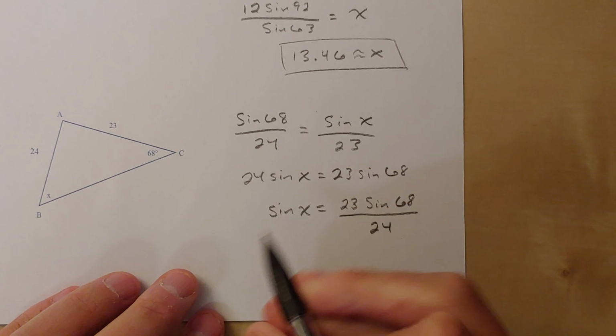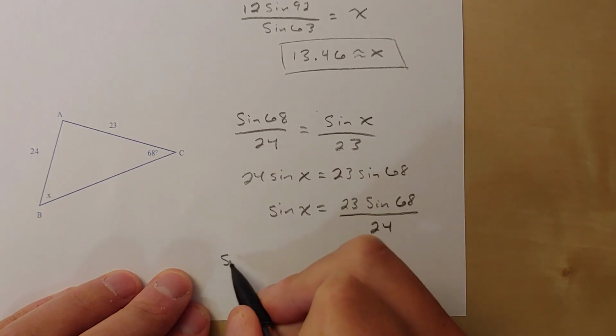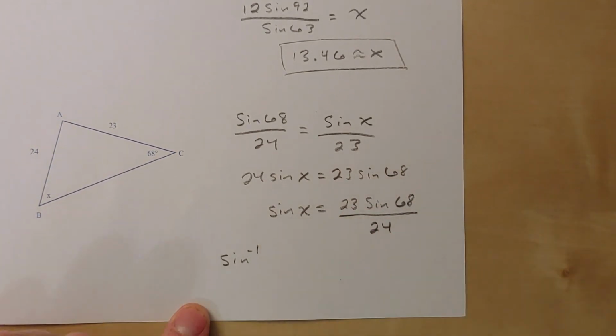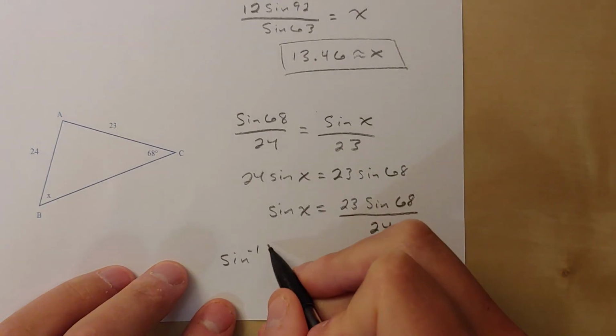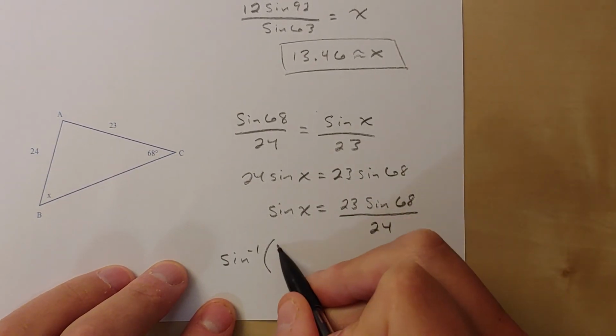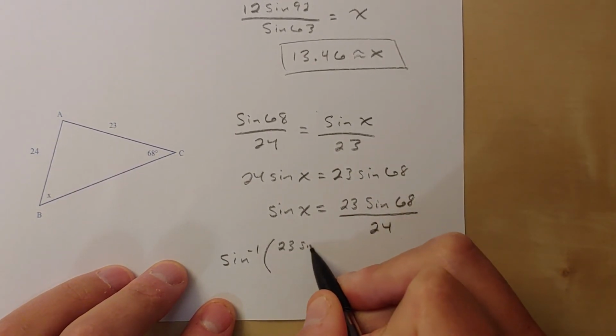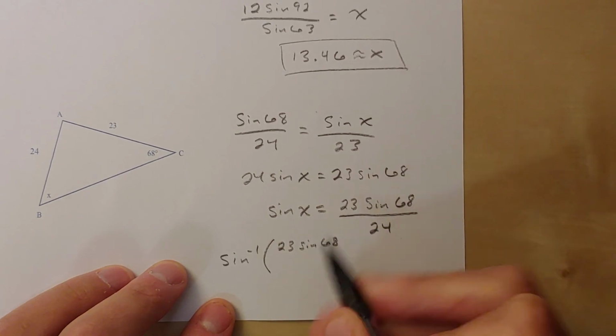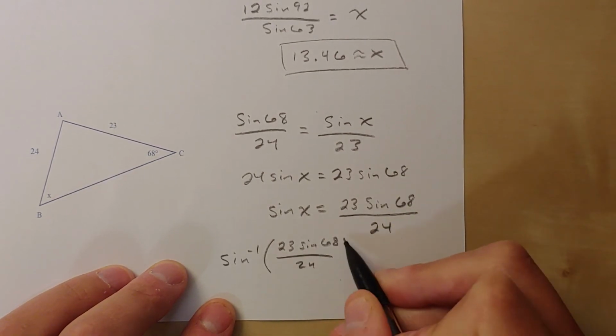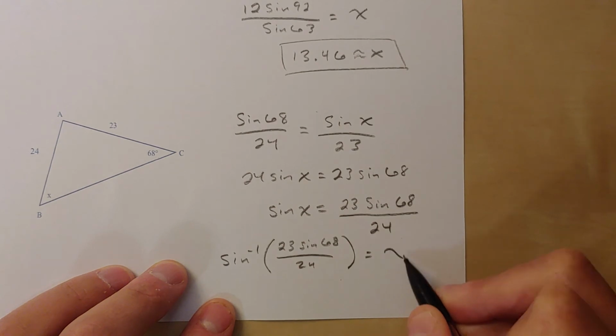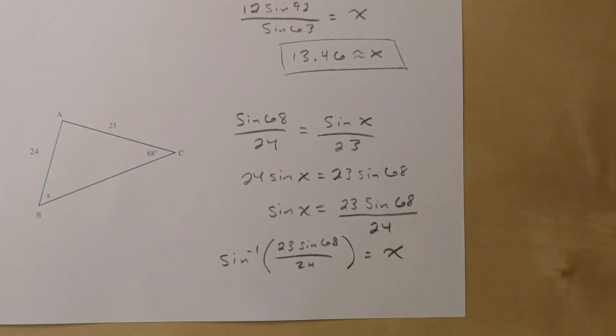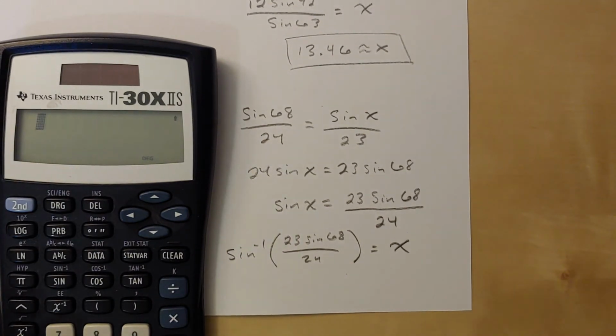So this is a case where on my calculator, I'm going to use the inverse sine button, and I'm going to input 23 times the sine of 68 over 24, and it will output for me the angle x. So at this point, I'm going to have to grab my calculator again. We'll use that inverse sine button and then type all this stuff in.